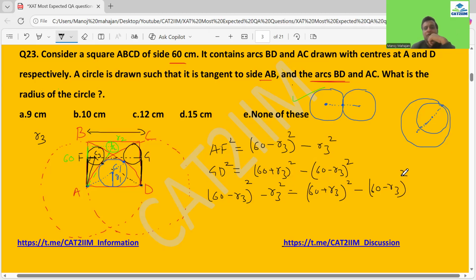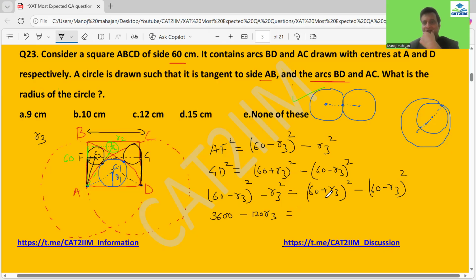Over here, you can look forward to use options also if you wish to, so that things become a little easy for you. Or maybe you can solve it completely as well. When you do the square, 3600 minus 120 R3, R3 square will cancel out from here.